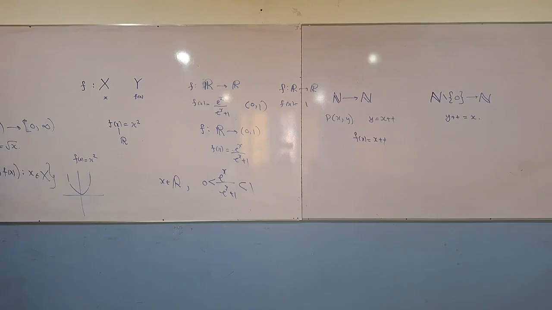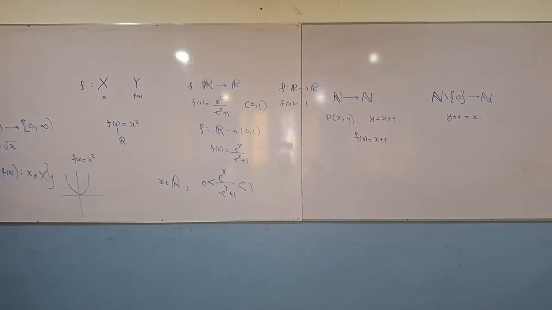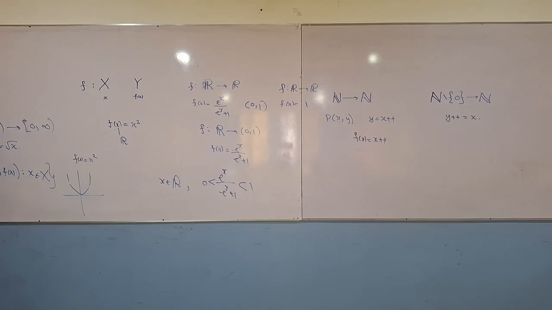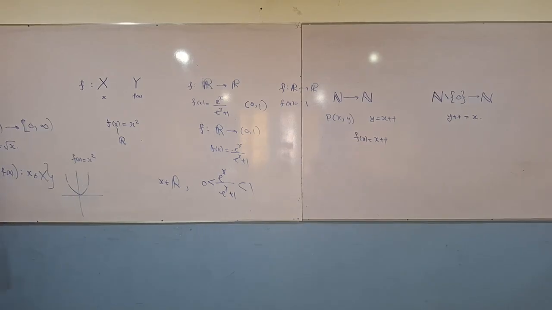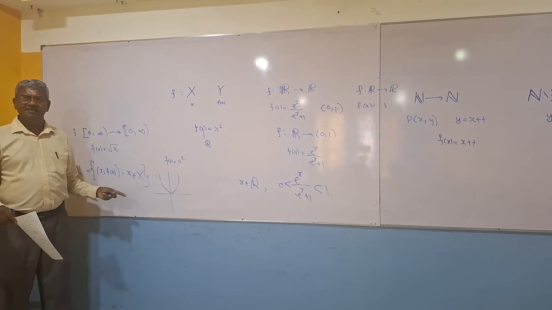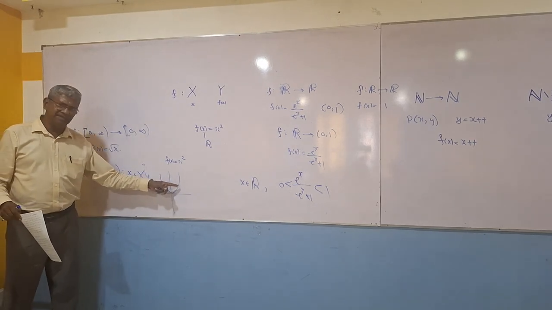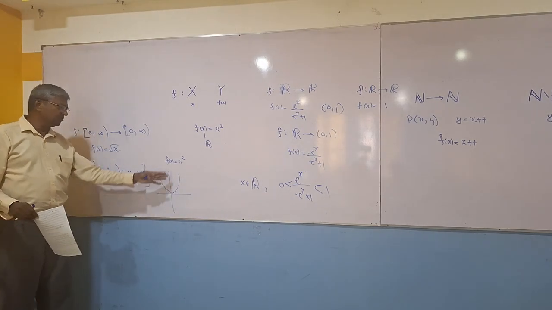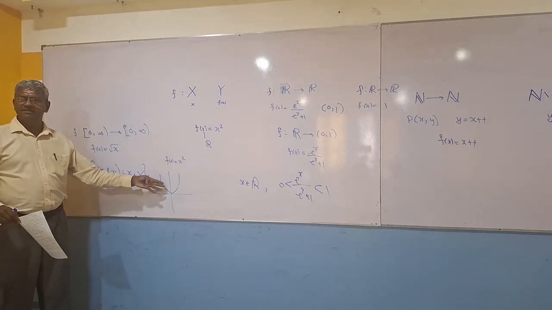f(x) equals x squared. We call the picture the graph. In mathematics, this set is called the graph. Then the picture of this set is this one. If you go to any point, the y coordinate is x squared, x of x.